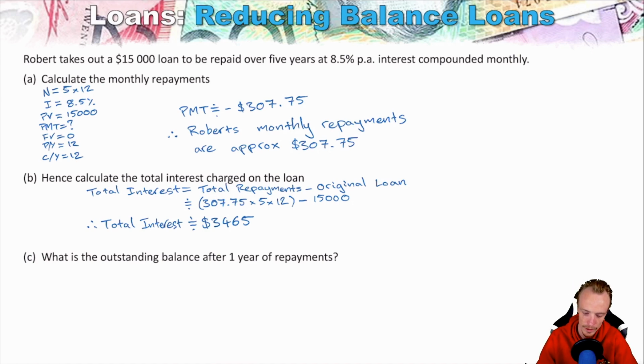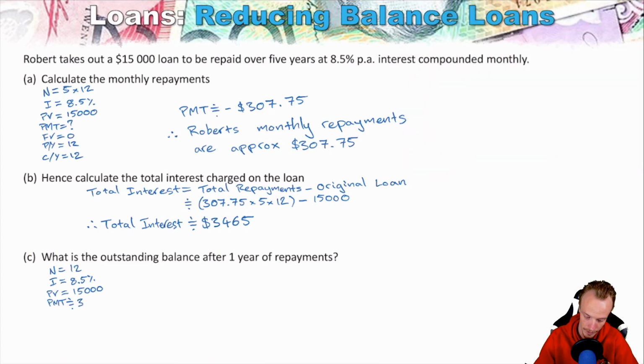So being able to work out the outstanding balance at any given point in time is something that's really, really useful. So to do that, we're essentially going through the TMV solver again. So the N here is the thing that's changed. So we've got 1 year's worth of repayments times 12, so it's just going to be 12 repayments. The interest rate is still going to be the same, so it's 8.5%. The present value, that's how much you had at the start, so you're taking it out, so it's positive. The PMT, we now know what that is, so it's approximately 300, hang on, it's negative here.